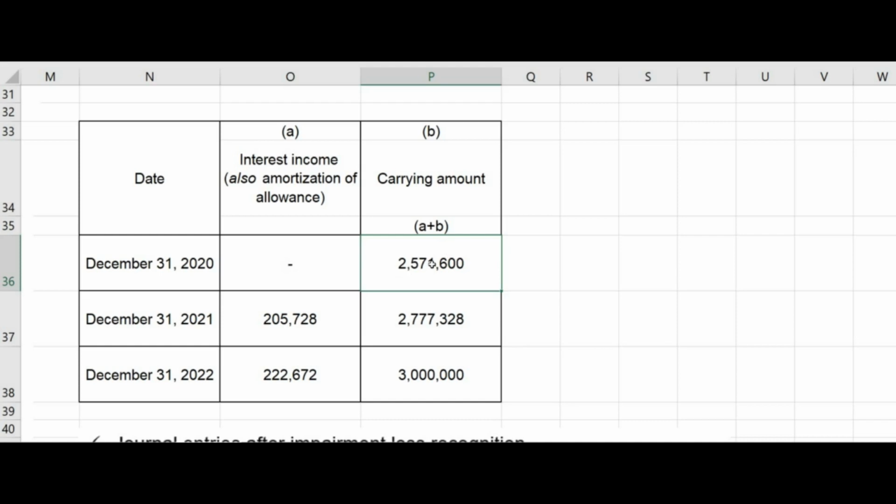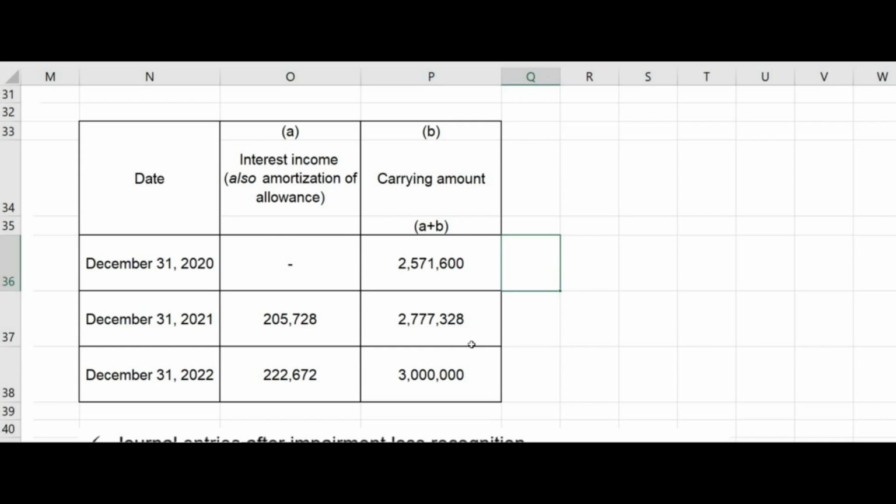So, you'll start with the carrying amount of 2,571,600. So, you simply multiply this by 8% because that's the old effective rate na ginamit pang discount. So, 8%. So, that's 205,728. So, that is your amortization.